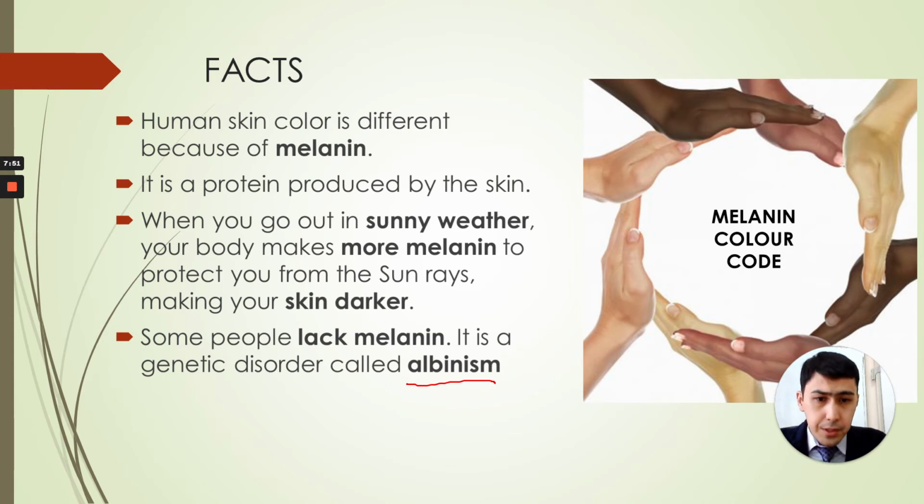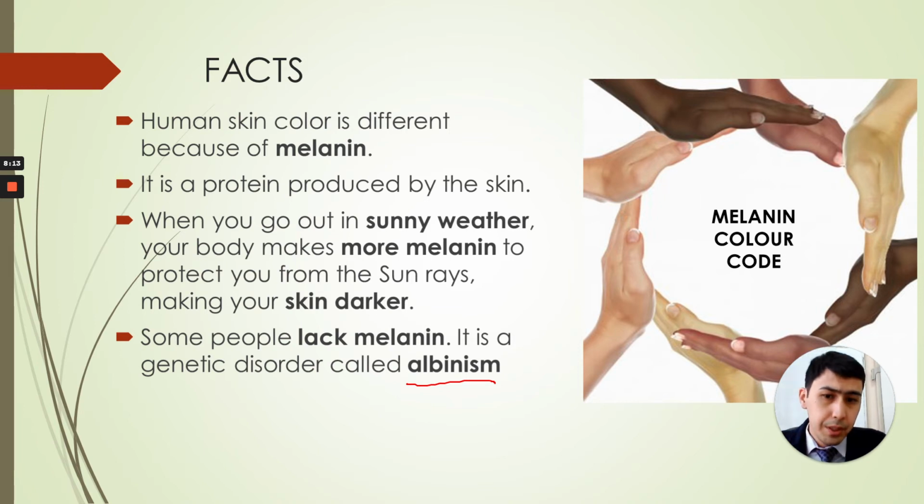The function of melanin is protecting the human organism from the sun rays. In the sun rays there are a lot of UV lights, ultraviolet lights, and in order to protect our organism from ultraviolet lights, our organism produces melanin.